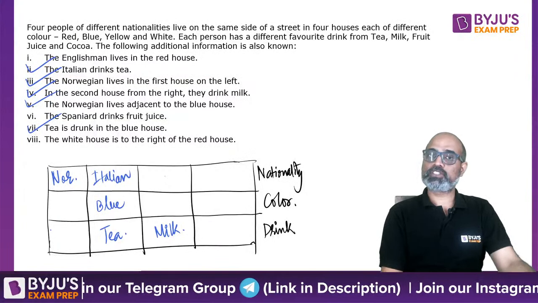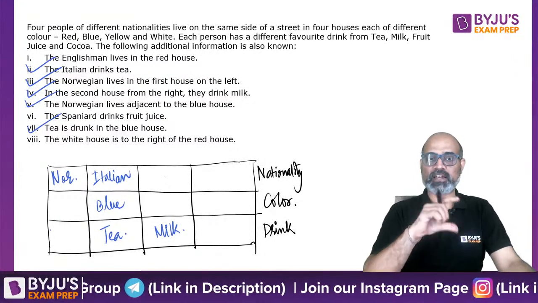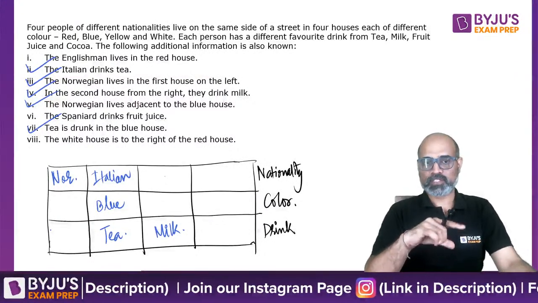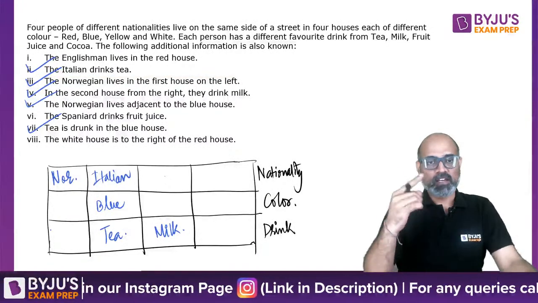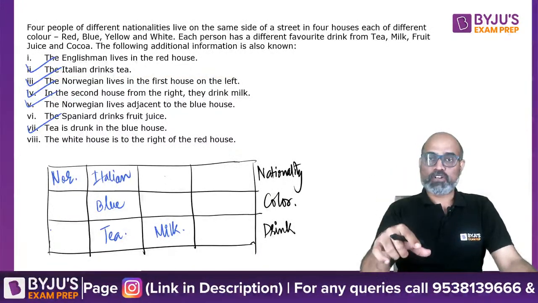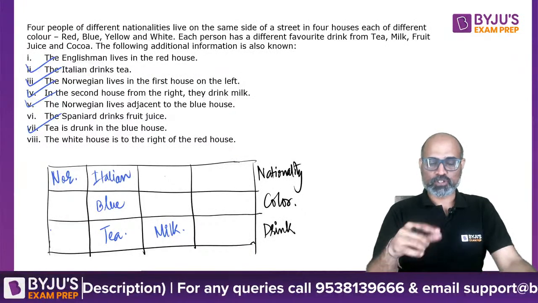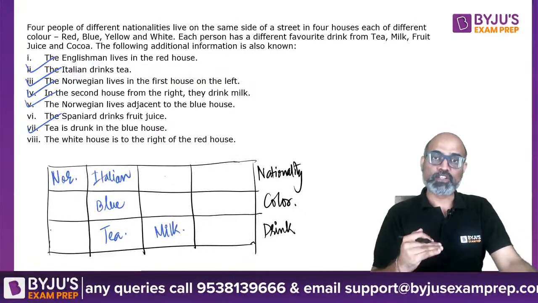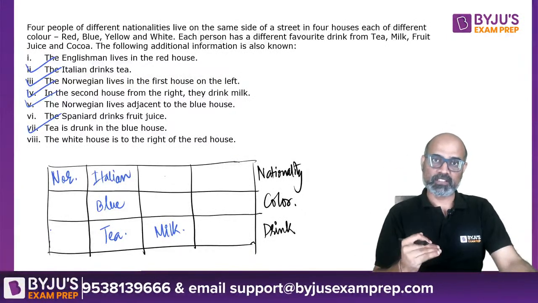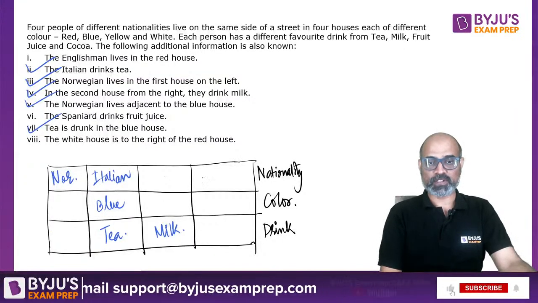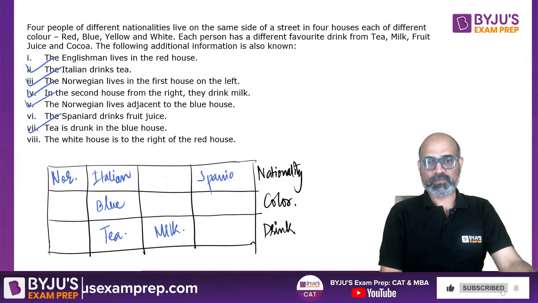Now, the first column cannot have Spaniard and somebody who drinks juice. The second one is also filled. The third one is also filled, right? So the only place we can put Spaniard along with the juice, as in the first cell and the third cell of the same column, can be filled is the last one. So Spaniard goes in the last column and he drinks fruit juice.